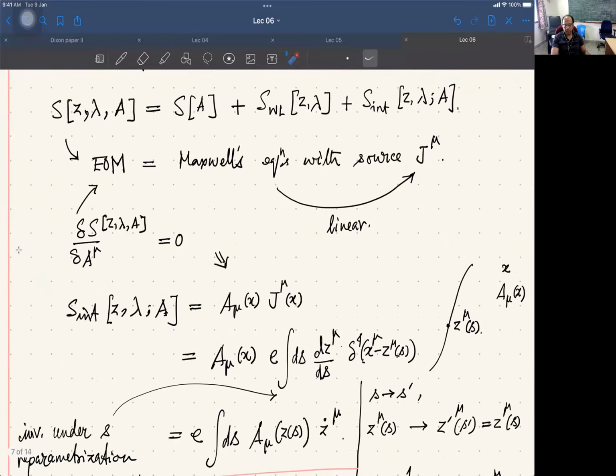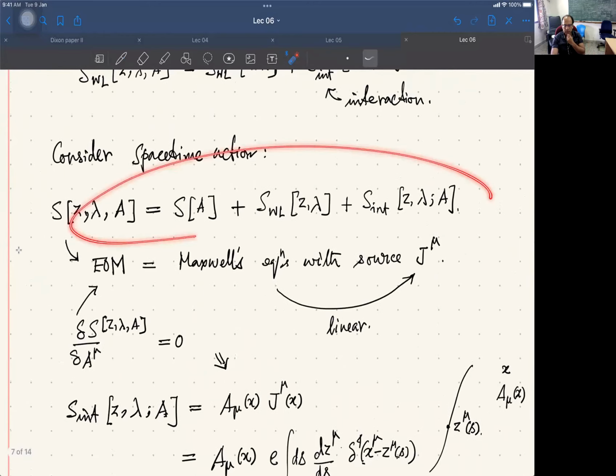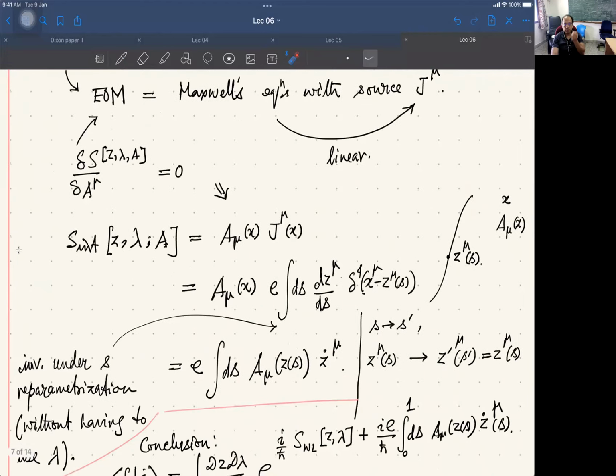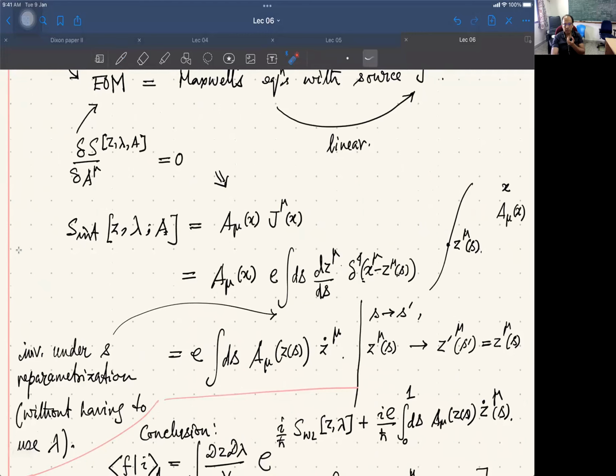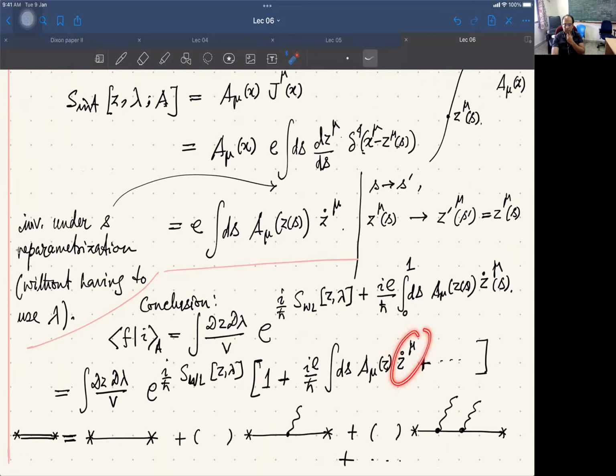This z has an index mu, so insertions will have tensorial properties, and therefore the couplings to those insertions as well. Because the entire thing is Lorentz invariant, the interaction is Lorentz invariant. Whatever insertion you put in, if you want to calculate it in a Lorentz invariant manner, you must be multiplying z mu dot or whatever higher derivatives of z with the corresponding tensorial object, which can depend on z in general.